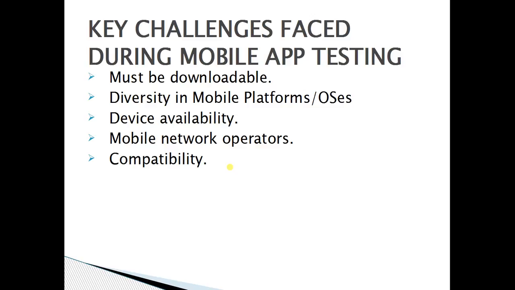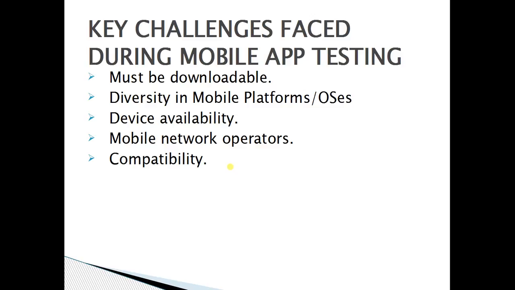The third one is device availability. Every Android device and every iOS device has different platforms and different versions, so it is very crucial that we have all the devices with the different versions with us. It's a real challenge for mobile testers. The fourth one is mobile network operators.